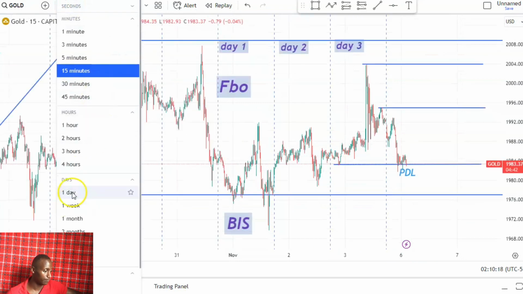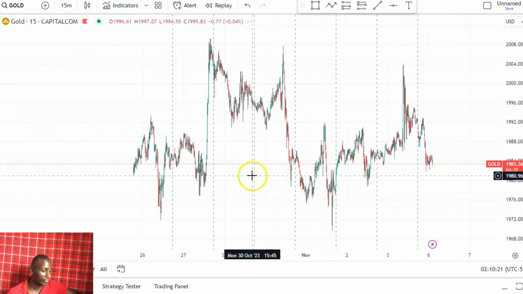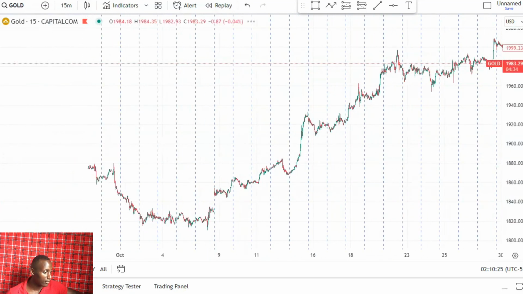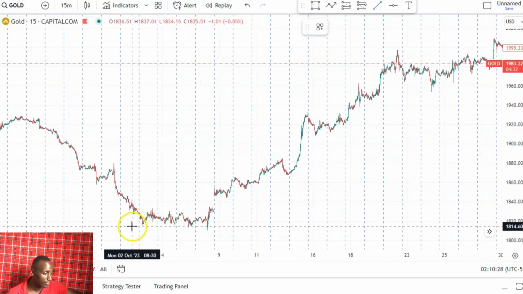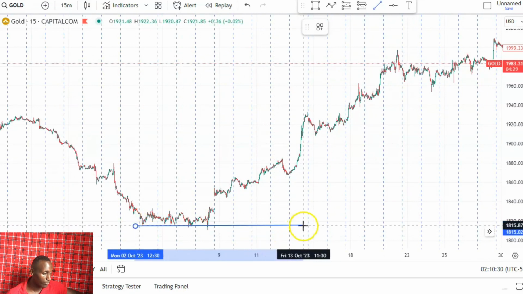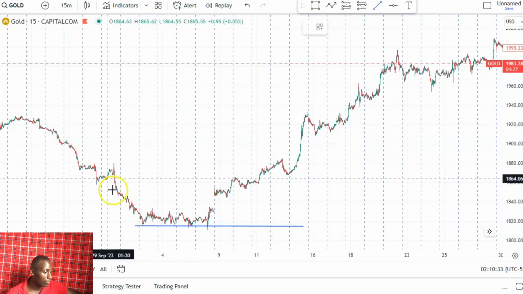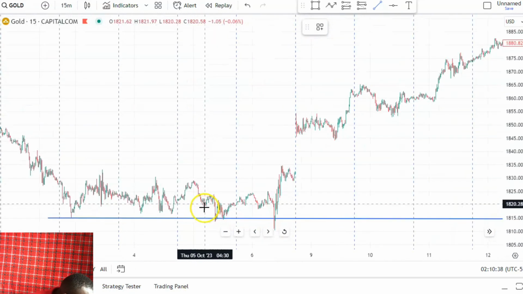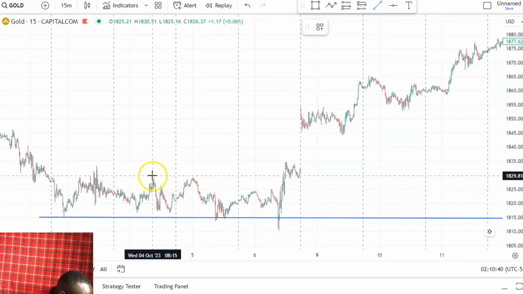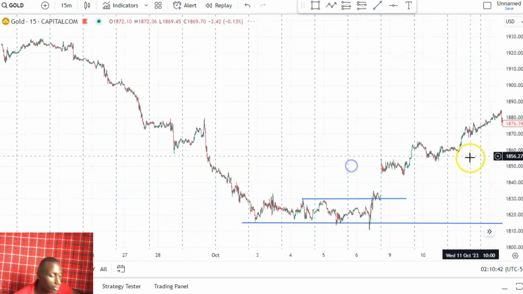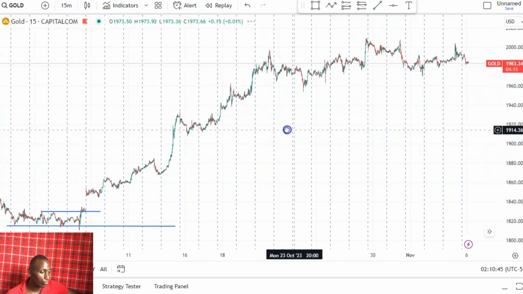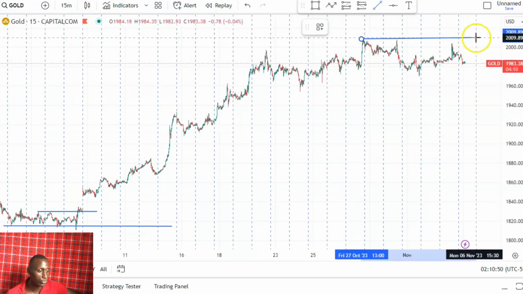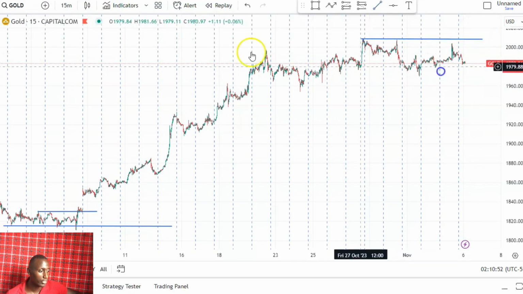Looking at gold. Gold is very interesting this week, because if you look at from our last consolidation, when price started to break out, the day price broke out of this range up to this high here, this is where we now have a bit of consolidation.